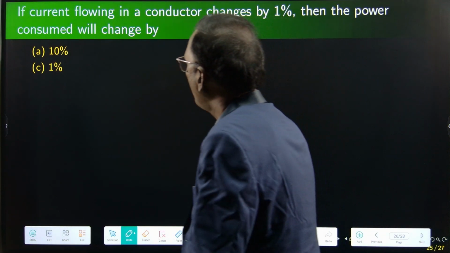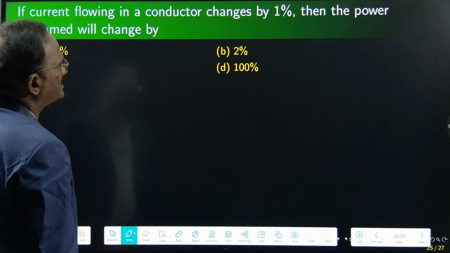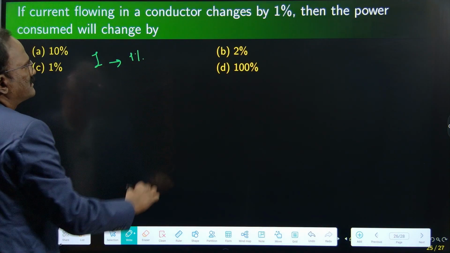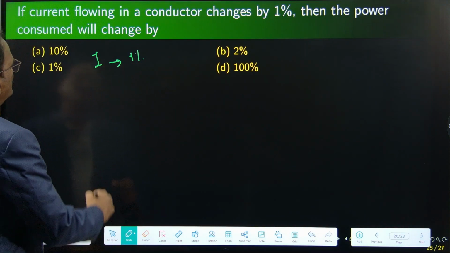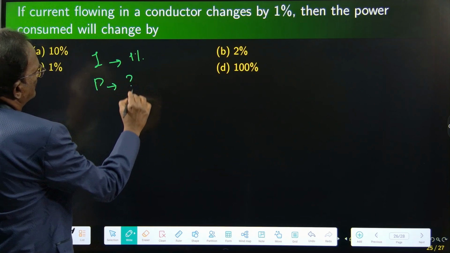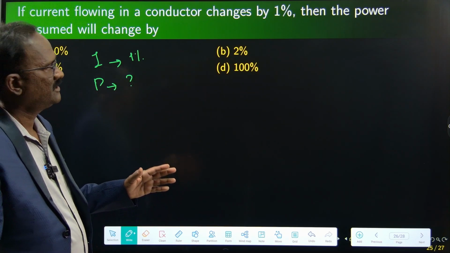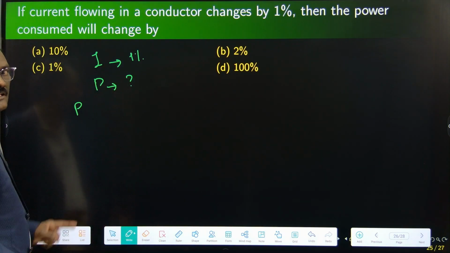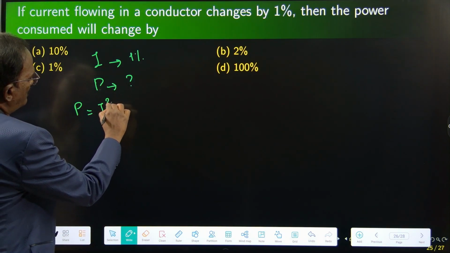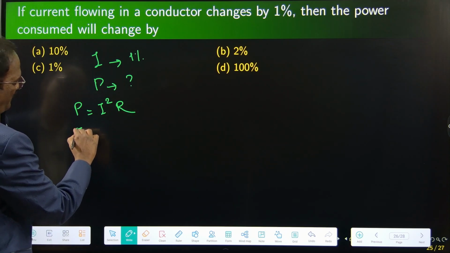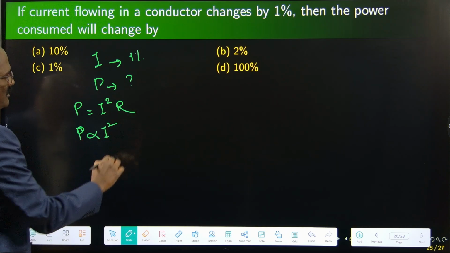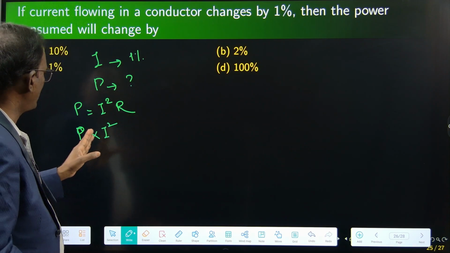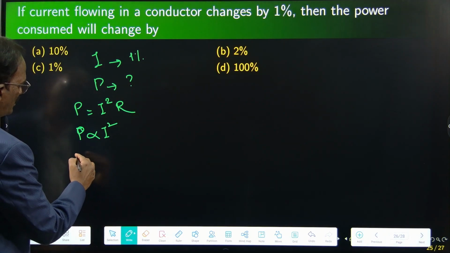If the current flowing in a conductor changes by 1%, then the power consumed will change by what? Again we will use the method of error analysis. Since I is changed, we will use the formula P is equal to I square R. Because it is the same conductor, we are only changing the current value, so P is proportional to I square only.